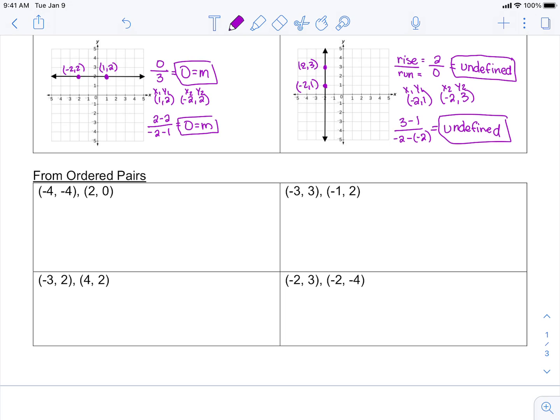So what I mean by that is if we have our XY table right here, I have the point -4, -4, and I have the point 2, 0. That may help you distinguish between the X values and the Y values. If it doesn't, then you don't have to worry about doing it.